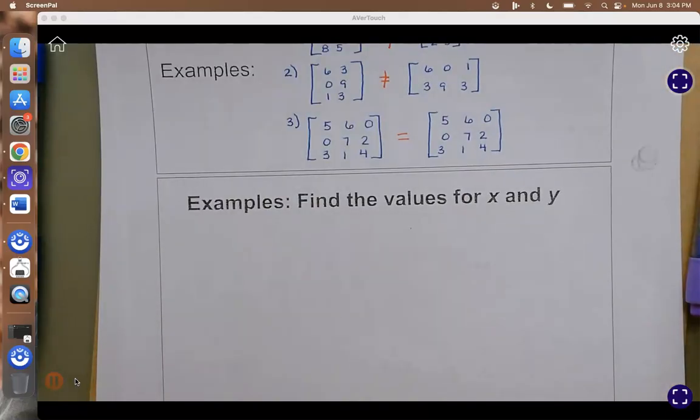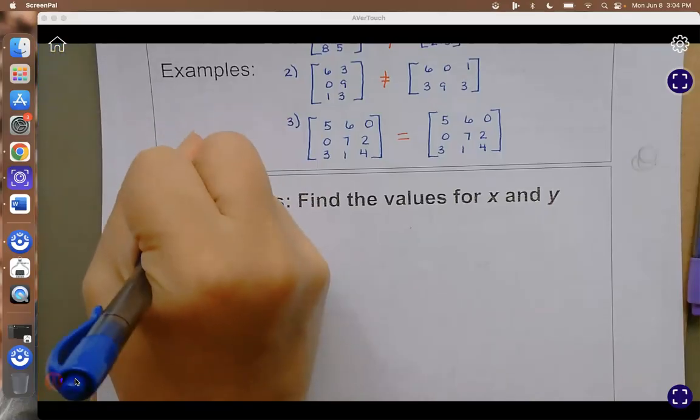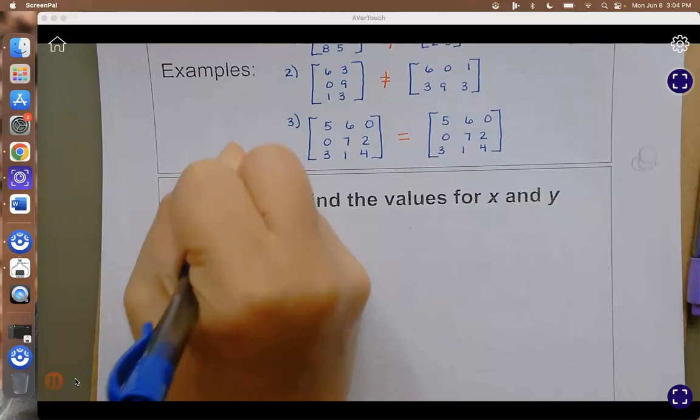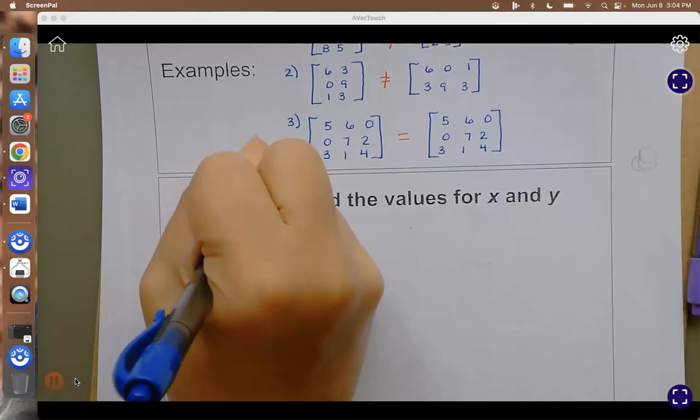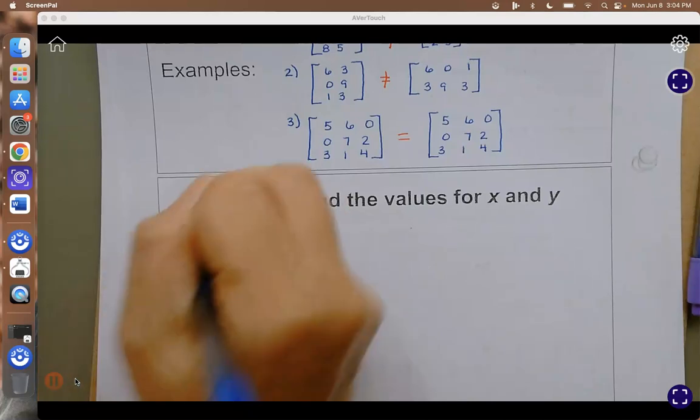Now, we can use the fact that we know that matrices are equal to solve for values x and y. So here's our first problem. And this one's going to take a little bit because I'm going to write notes over to the side. So in this one, the first row is 2x.